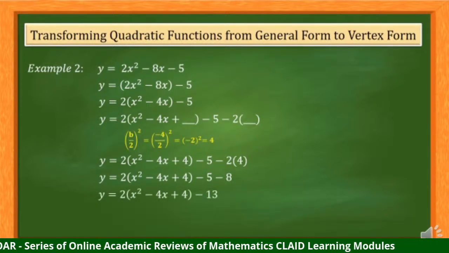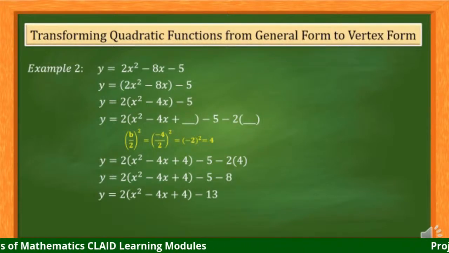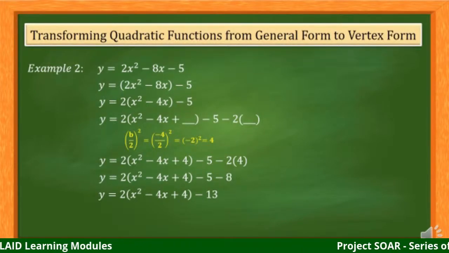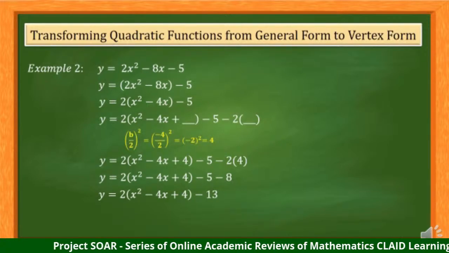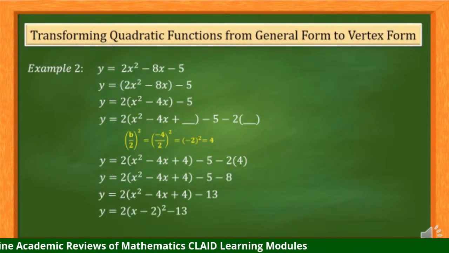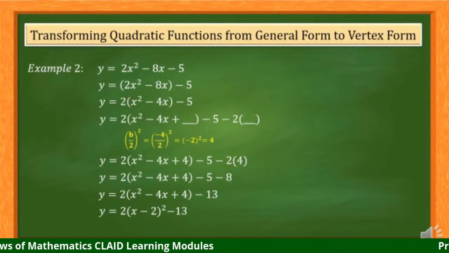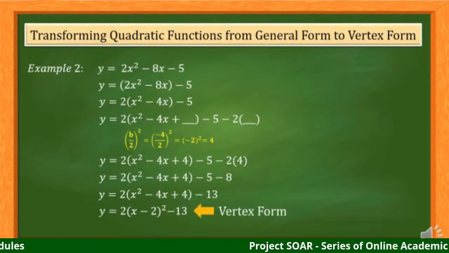Then y equals 2 times the quantity of x squared minus 4x plus 4, minus 13. Then since perfect square trinomial na yung nasa loob ng parenthesis, isusulat natin siya into square of binomial. We have y is equal to 2 times the quantity of x minus 2 squared minus 13. So this is now the vertex form.